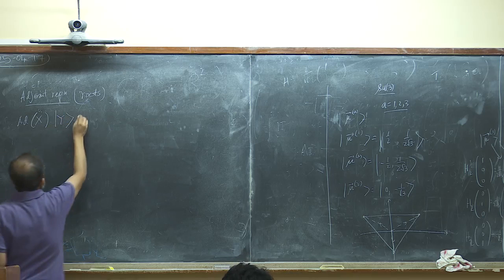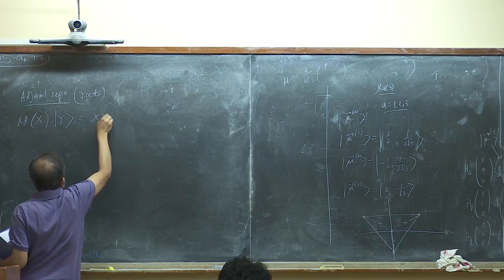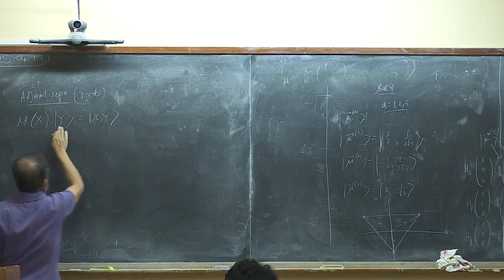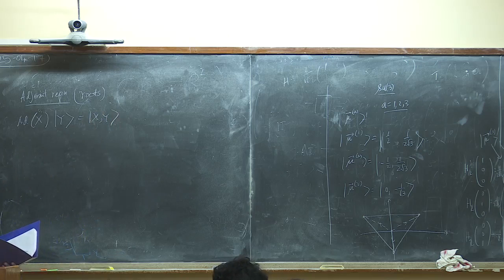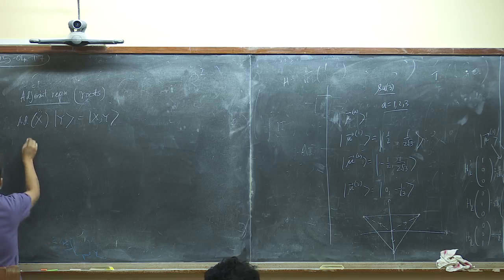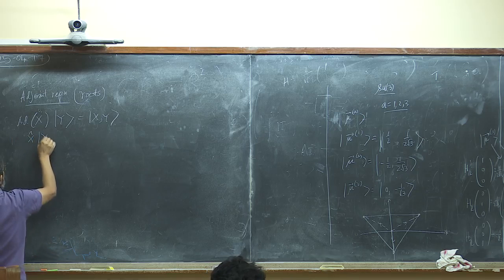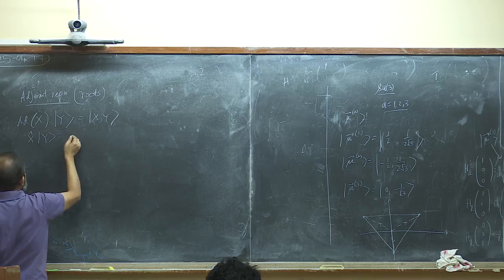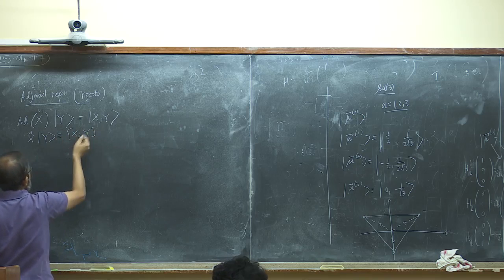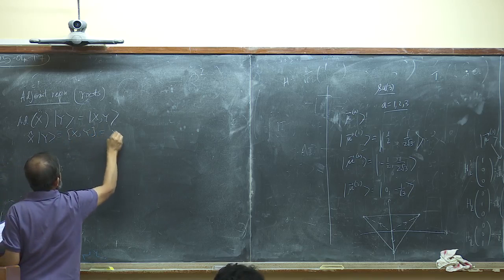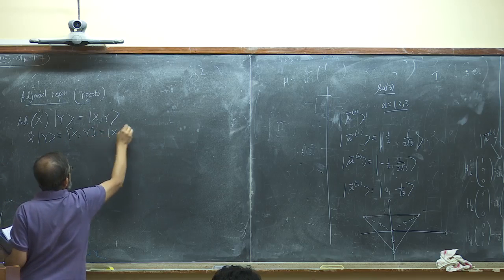So by definition, it takes this ket and transforms it to this ket, X comma Y. Let me write in terms of basis so that people are more comfortable with this. You can also write this in a more physicsy notation like this. This object is essentially being thought of as a vector.